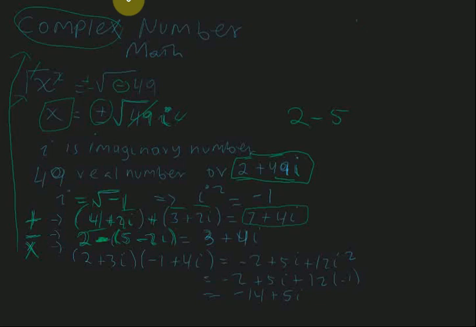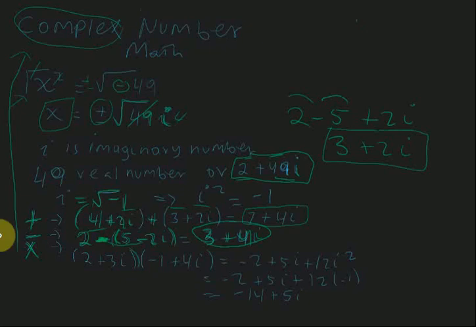Negative times negative 2i, you will get positive 2i. So 2 minus 5, you get here 3 plus 2i. This is how it ends up. So you have 3 plus 4i. So you done this one too.